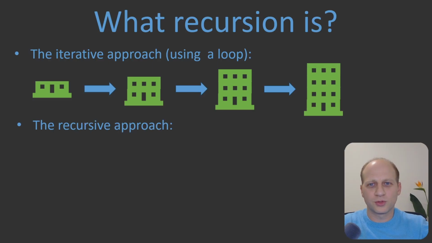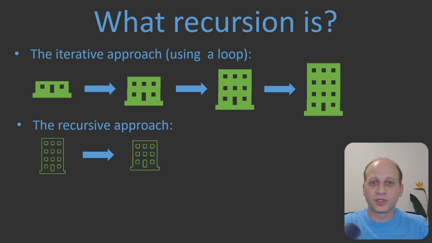The second approach has a little different idea. We want to build a house of 4 floors. Since building a house of 4 floors is not a simple task, we can think of it in the following way. If someone could provide us with a house of 3 floors, we would easily add one more floor.